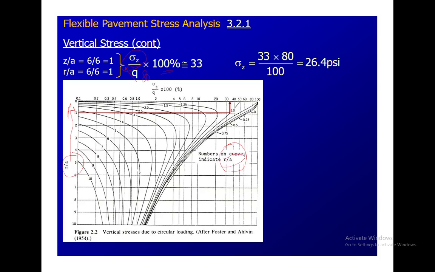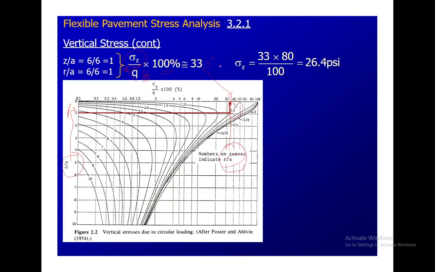From here you select the value exactly for 1, and the place where both values of R by A and Z by A intersect each other is basically your value. Here it is almost 33 or 34.